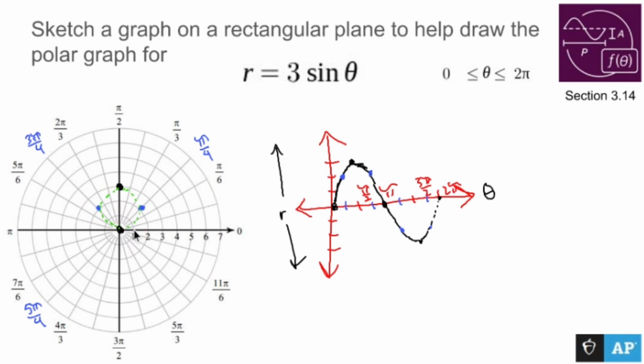As I'm going from 0 to pi, I slowly go from 3 and then back to 0. Now, from pi to 2 pi, I do the same thing, but negative.